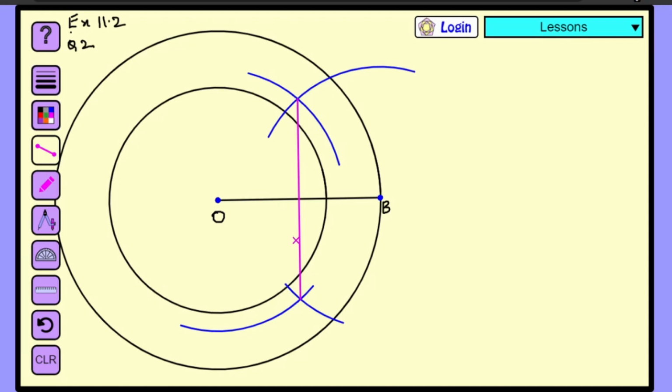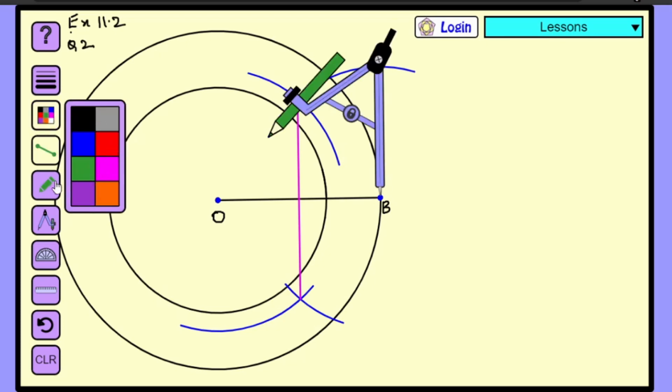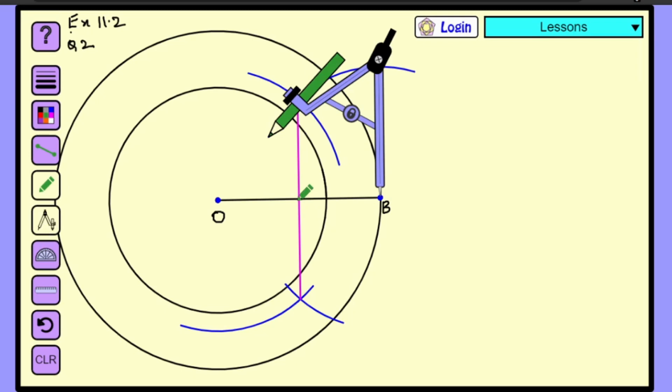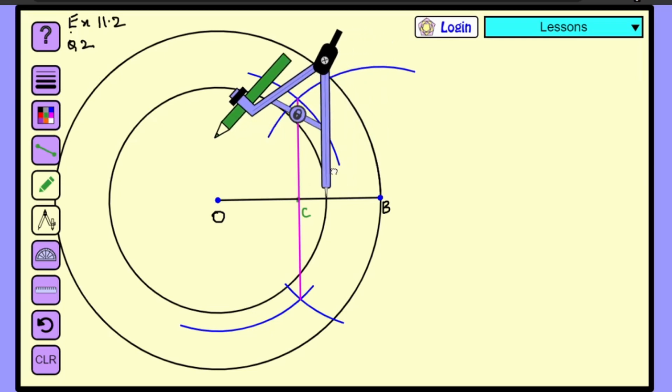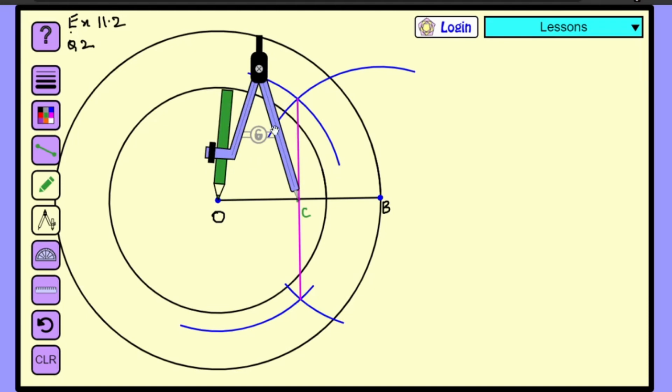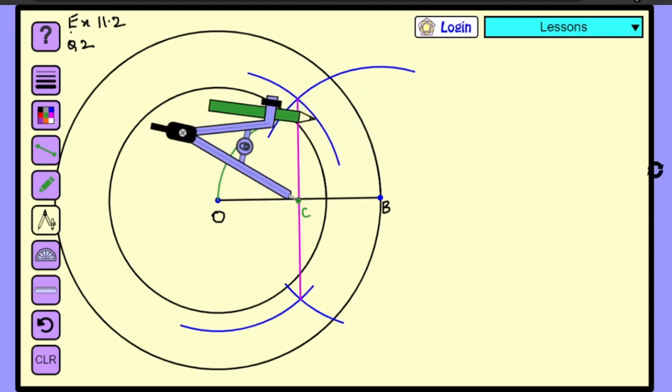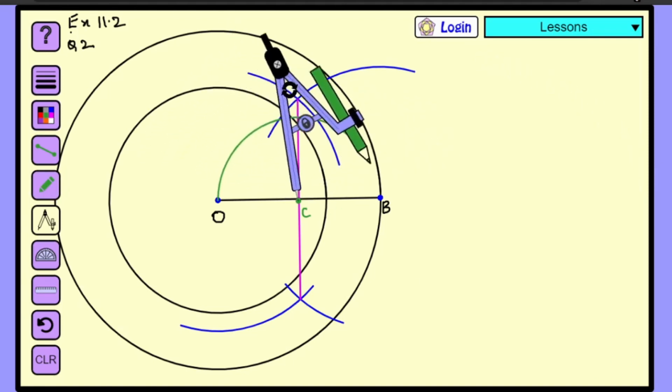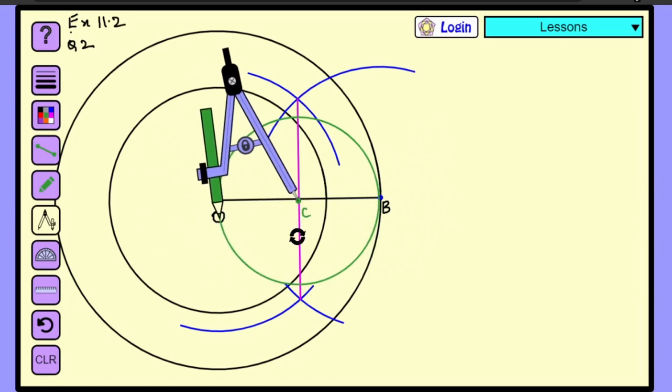Name the midpoint of OB as C. Now taking C as the center and OC as the radius, draw another circle which touches the previous circle at a particular point.